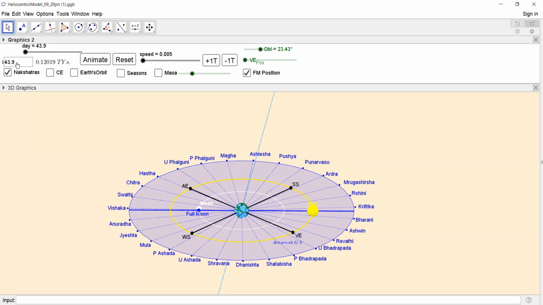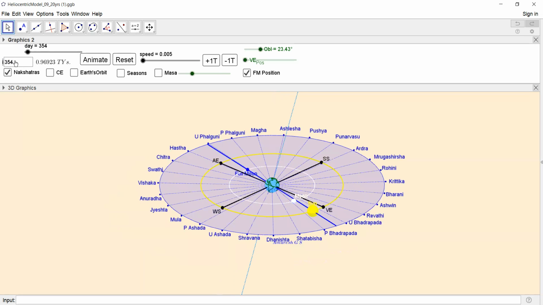We will go through this and complete one lunar year of 12 lunar months, 12 lunations. That should amount to approximately 354 days. So I am fast forwarding to that 354th day.